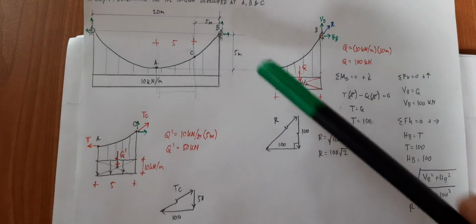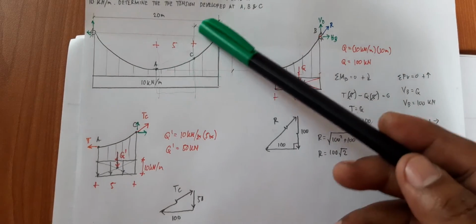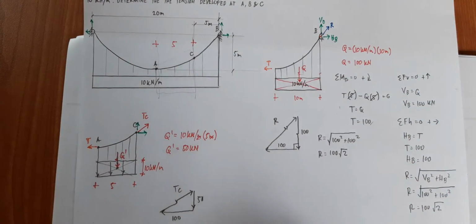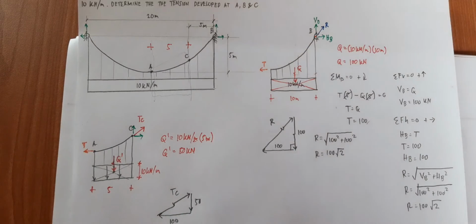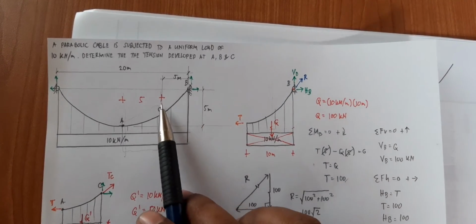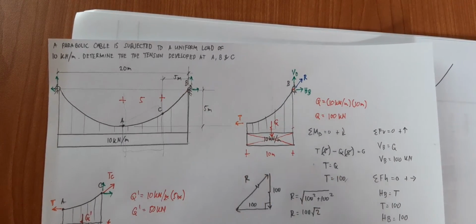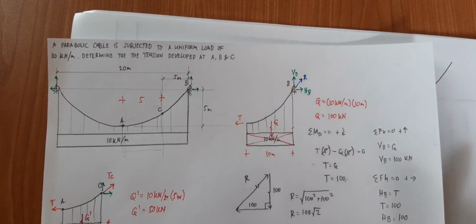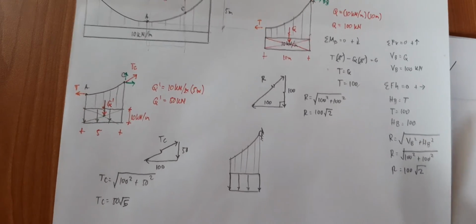Okay, so let's make use of the other side. Let's see if they have the same answer. If you make use of the other section, you would end up having a free body diagram which looks something like this.